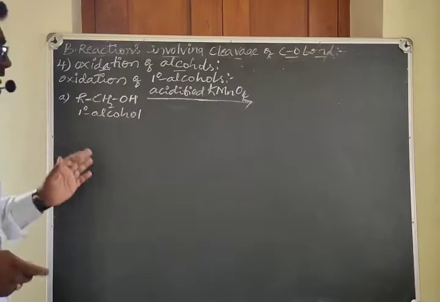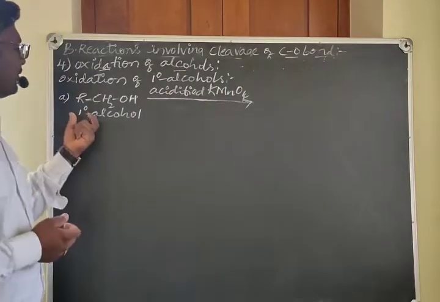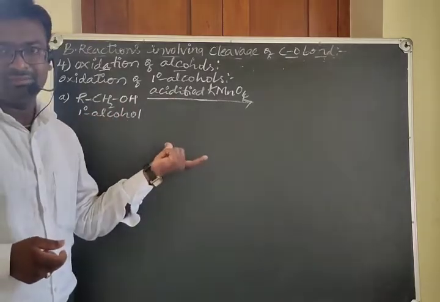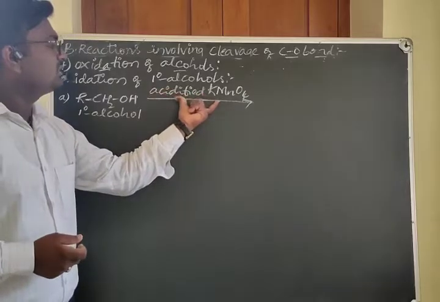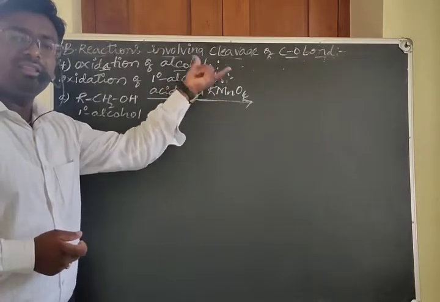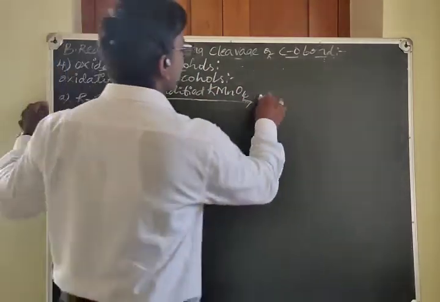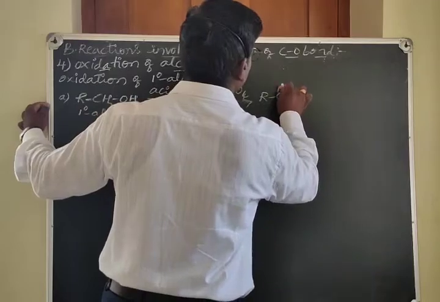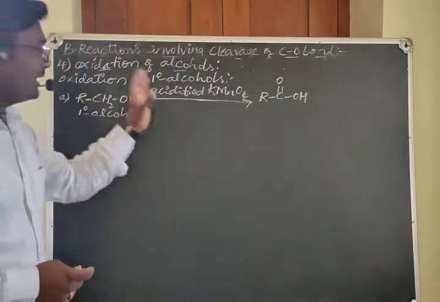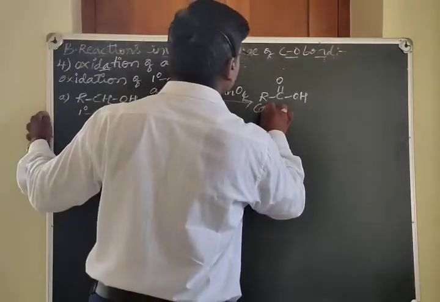It first oxidizes the alcohol to the aldehyde. What is the first oxidized product of the alcohol? The aldehyde. And due to the strength of the oxidizing agent, there is further oxidation of the aldehyde to the carboxylic acid. Overall, when you use KMnO4 to oxidize the primary alcohol, you will get a carboxylic acid.